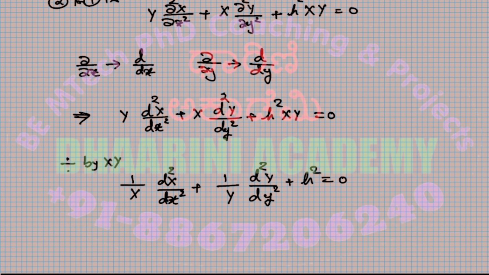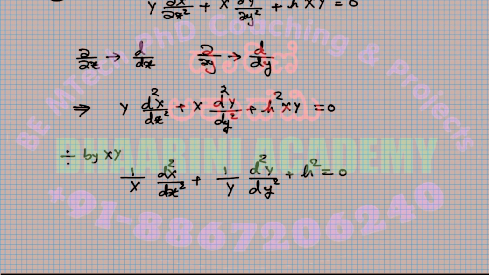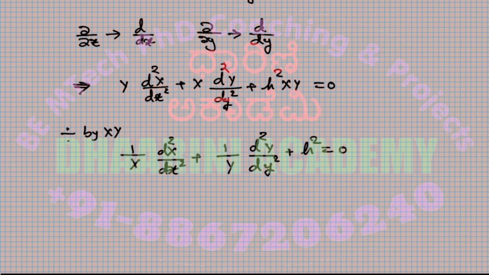Whenever you have such a situation, where you are able to separate your variables like this, 1/X into something, 1/Y into d²Y/dy², equal to a constant value of sum, we have to separate the variables and then solve. We are simply applying what we have studied in engineering maths.